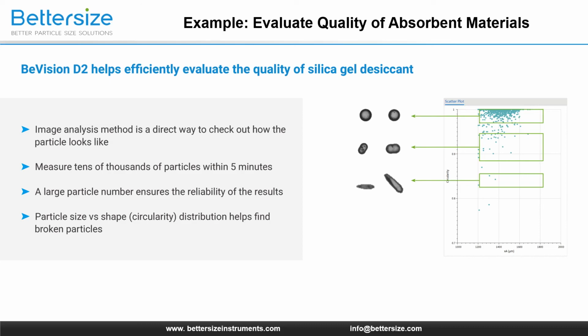Their shape should be round to maximize the relative surface area for improved absorption. So, measuring size and shape distribution of silica gel desiccant products makes it easy to find out the concentration of broken or deformed particles and evaluate the size distribution of the product.